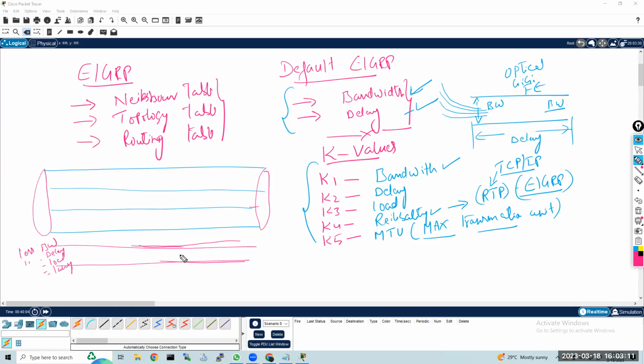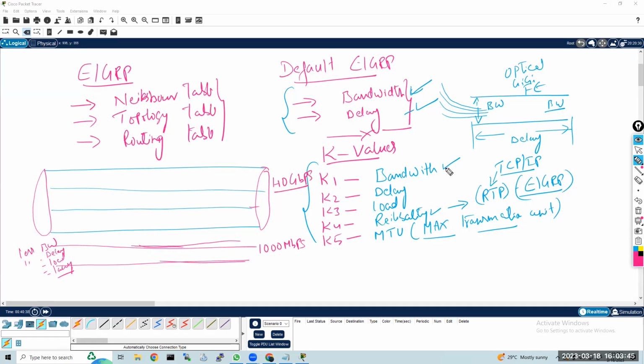Like in African countries, suppose on the internet, the highest speed I think is 50 Mbps. In South Africa, when I was there, it was 50 Mbps, like 2-3 years ago. Say for example, the maximum transmission unit is 1000 Mbps. If you consider this one, it is nothing but 40 gigabits per second.